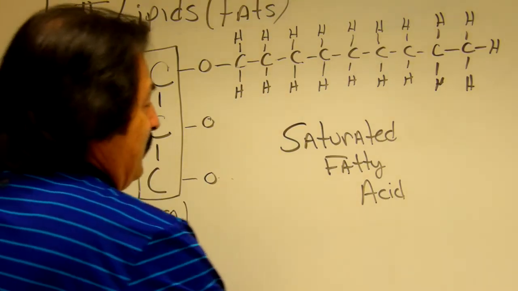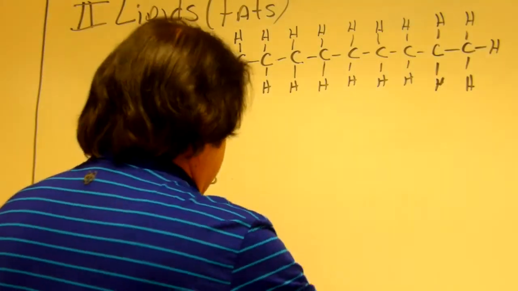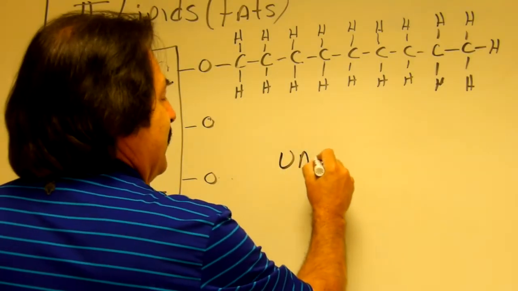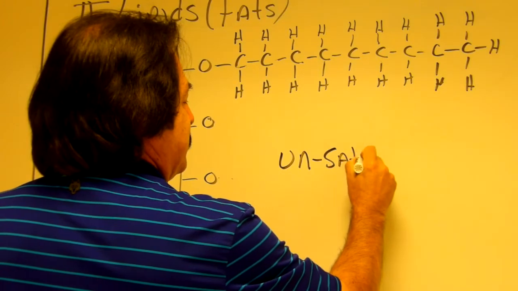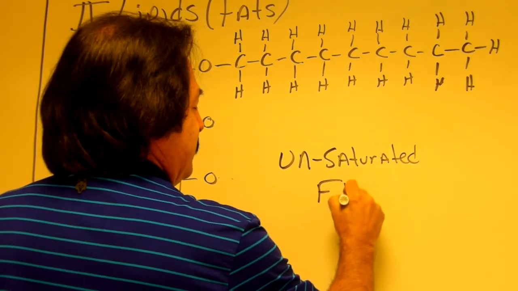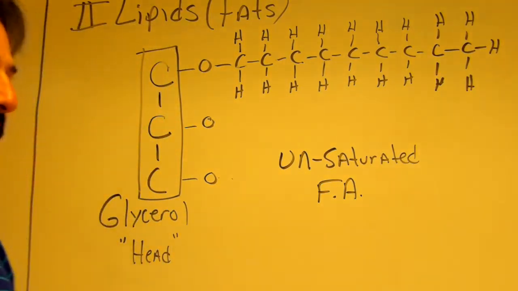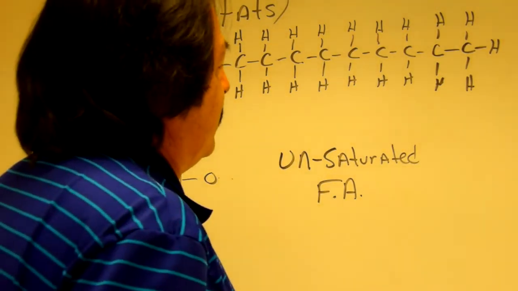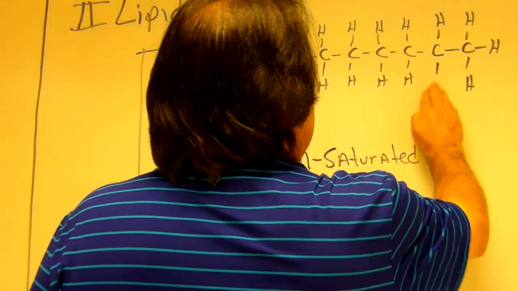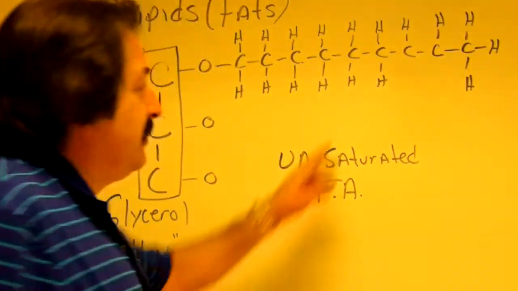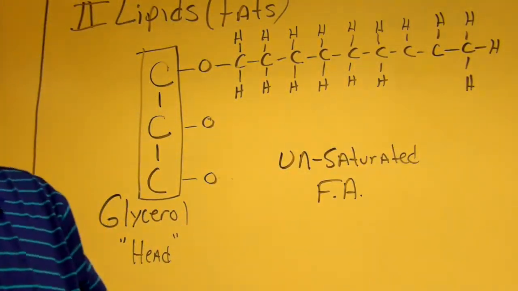Okay? Well, if you have saturated fatty acids, you probably have to have what? That's right, unsaturated fatty acids. I'm just going to abbreviate that, FA, fatty acid. Well, where does that come in? Well, sometimes a couple hydrogens are missing. Okay?